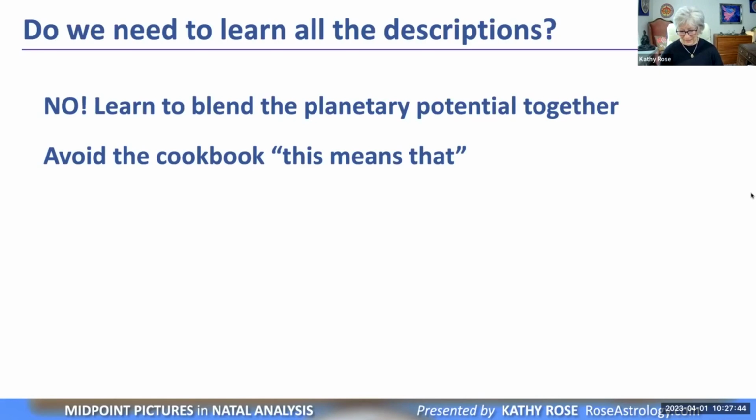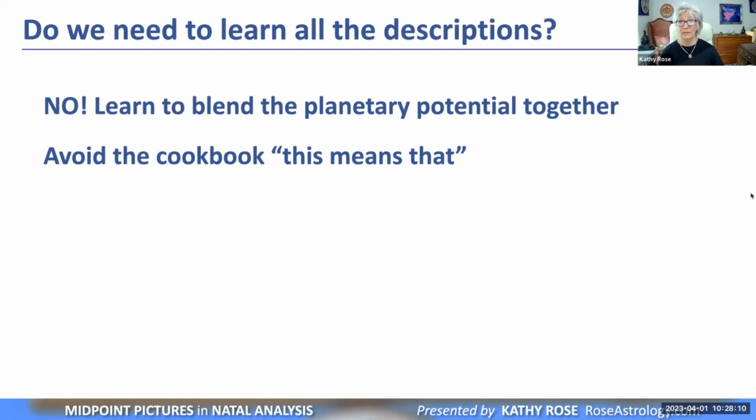I've had students who started learning astrology many, many years ago when the cookbook approach was very popular. And I remember a few students who had the absolute hardcore belief that if there is contact in the natal chart between Mars and Pluto, conjunct, square, or opposite, that means the person is cruel.